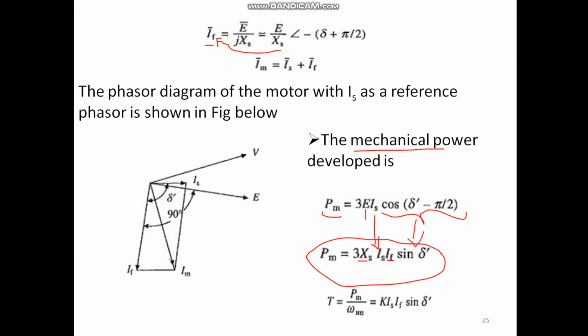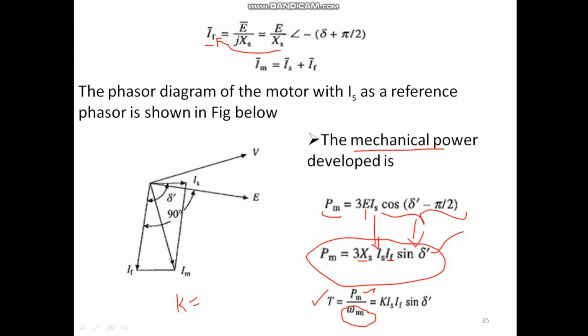Now from this I get the equation for the torque. We know that P is equal to T into omega ms. So Pm value I have already got, and I put this equation here divided by omega ms. So T equals Pm by omega ms. What is this equation?